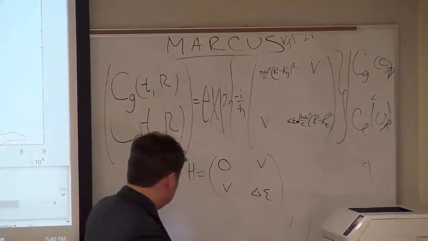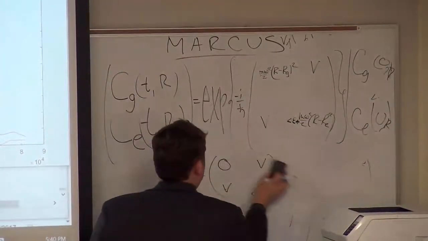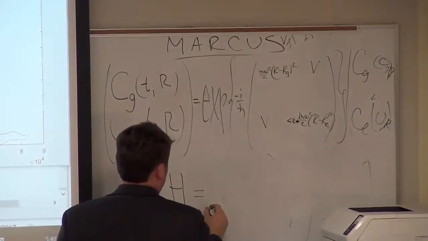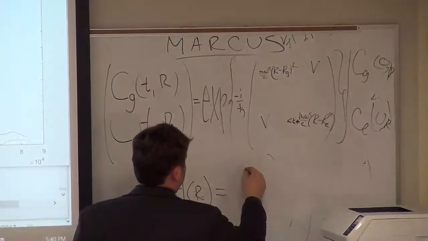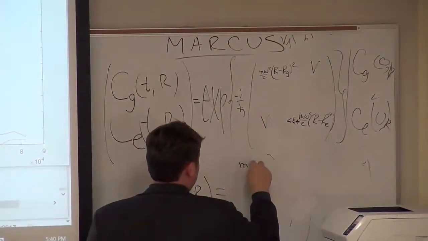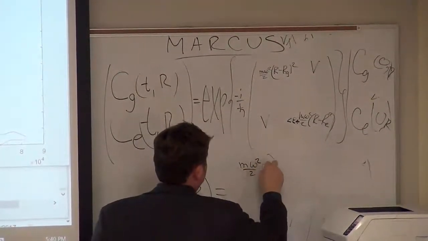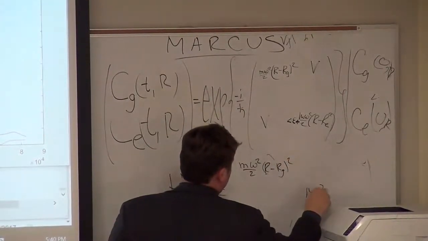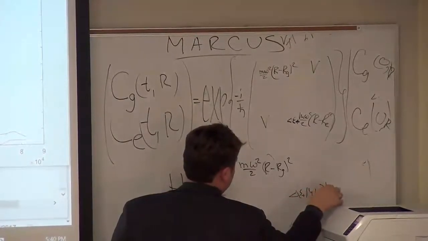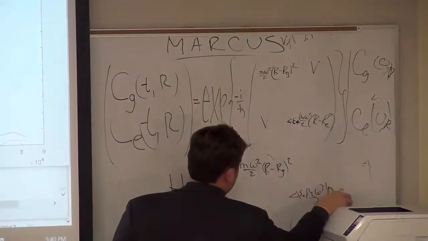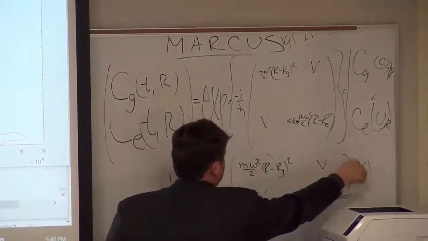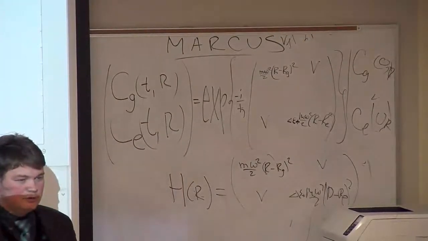So we have, I'm repeating the same, m omega squared over 2 times r minus r ground squared, plus m omega squared over 2 times r minus r excited squared plus delta E. So to some sort it is a mixed discrete and continuous representation.